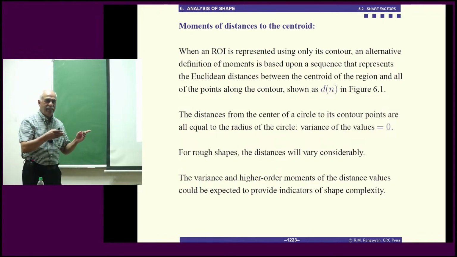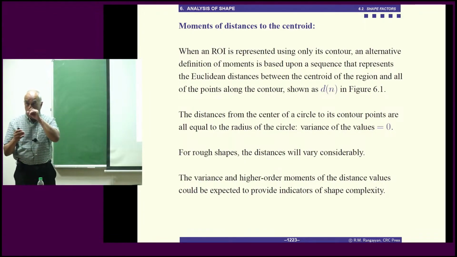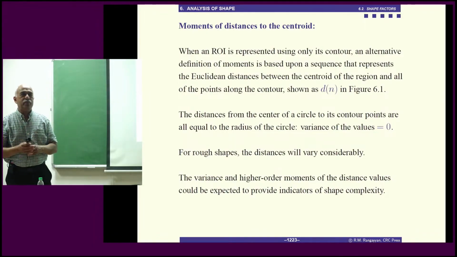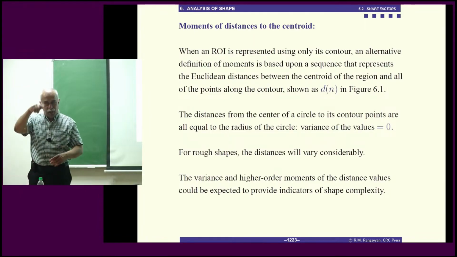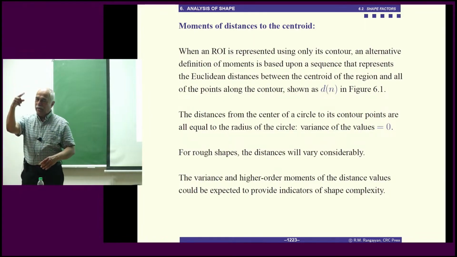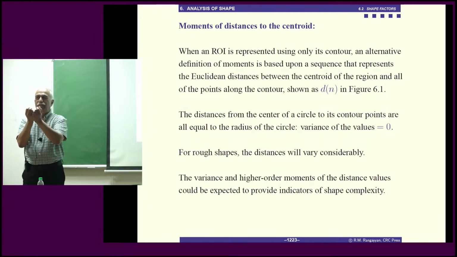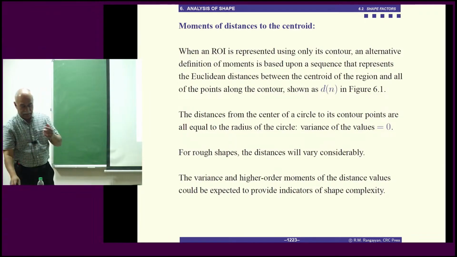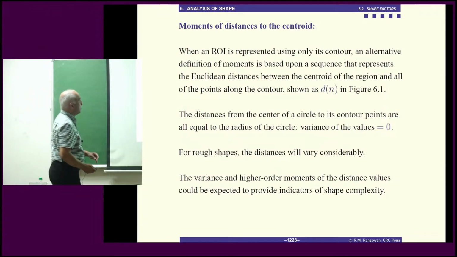Do you want to use the distance? The distance is the signature, like a 1D signal. So statistics of those values. Now we plotted them as a signal by going around the contour once. But you can just take them as a bunch of numbers and compute statistics. All those radial distance measures. That's what you do here.